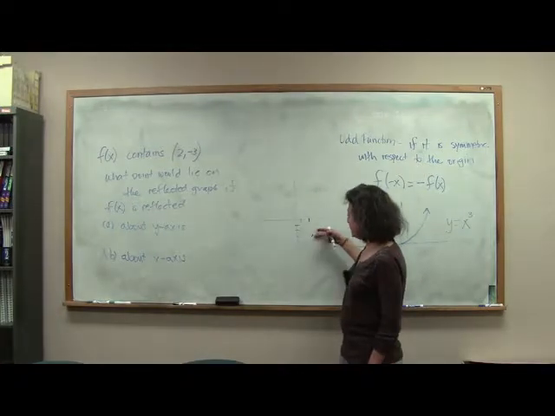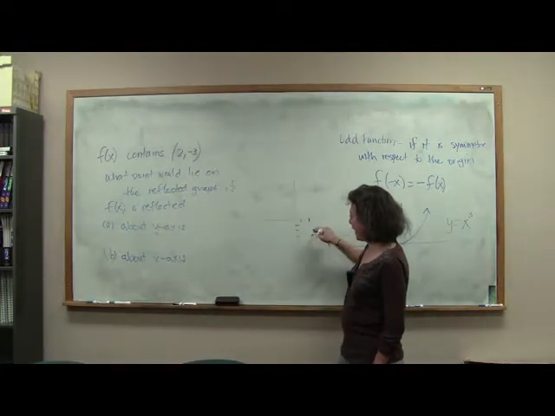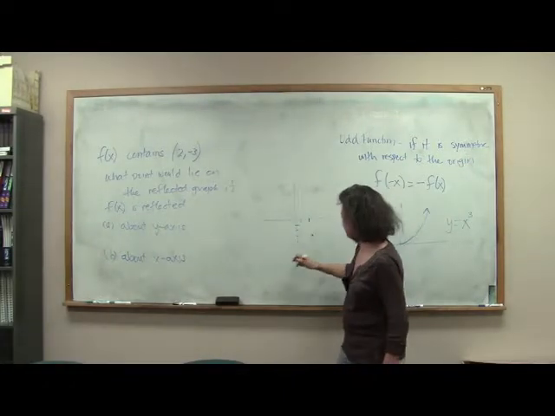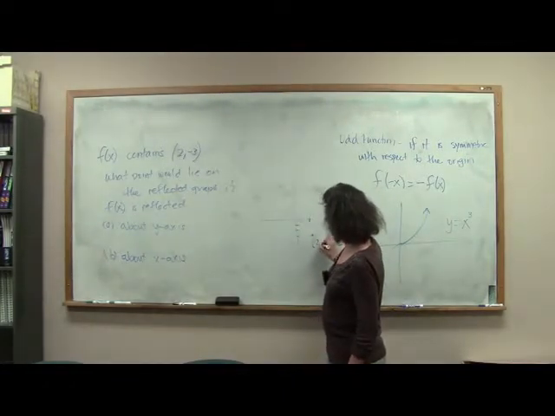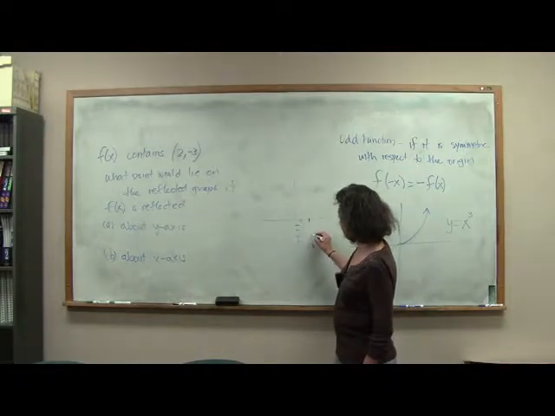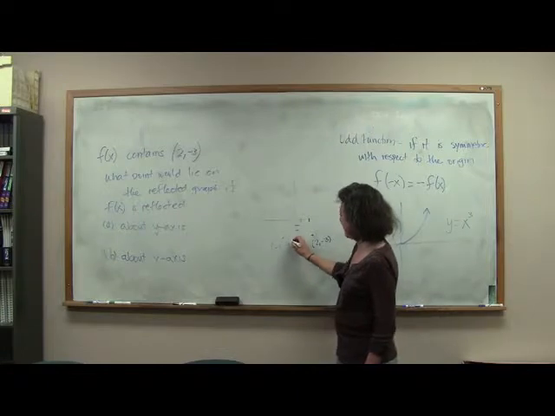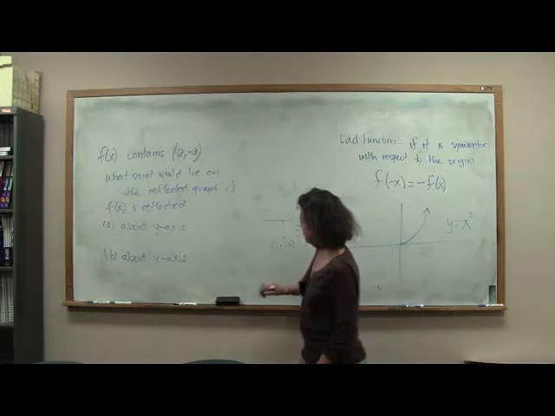What does it mean to be reflected about our y-axis? Again, here's x, there's the opposite of x. So instead of being at 2, -3, we'd still be down here, but we'd now be at -2, -3.